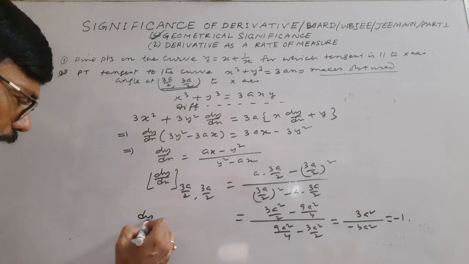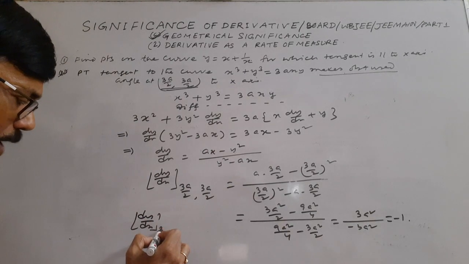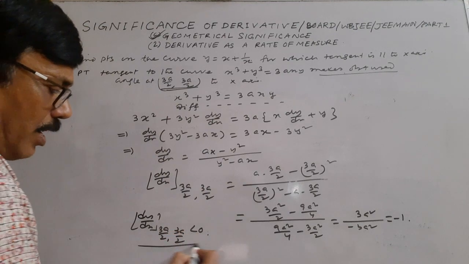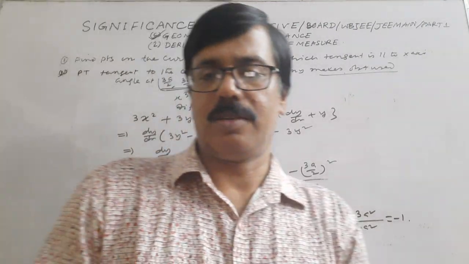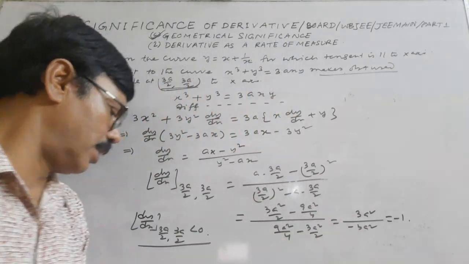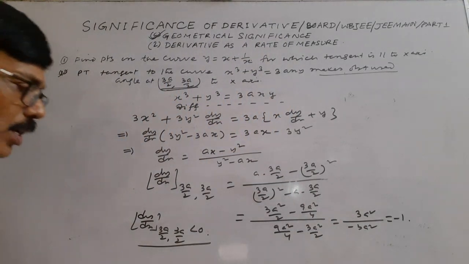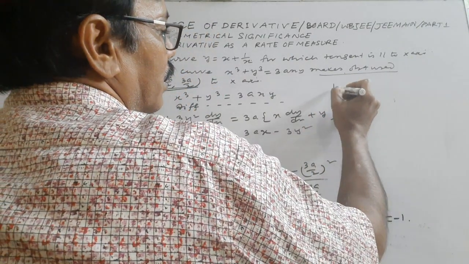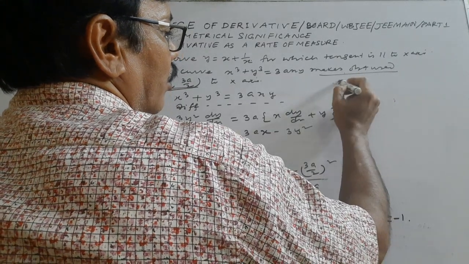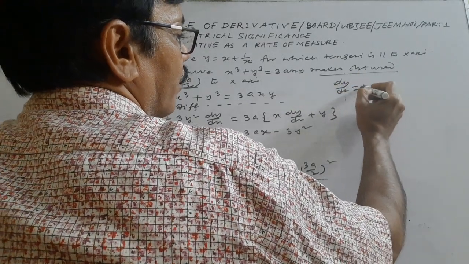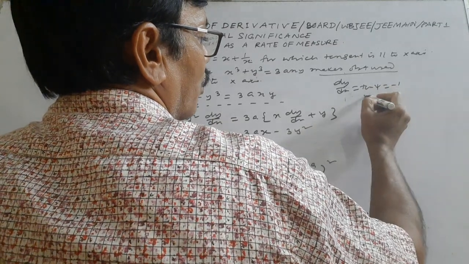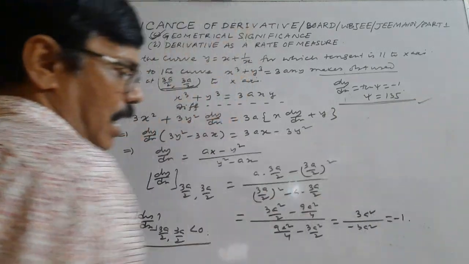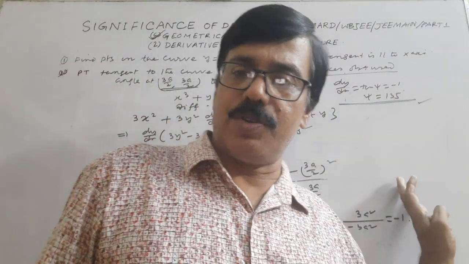Since the derivative is negative, dy by dx at the specified point (3a by 2, 3a by 2) is less than 0. Therefore, the tangent makes an obtuse angle with the x-axis. Now, in this case, you can also find the angle. What is the angle? dy by dx equals tan psi equals minus 1, so psi equals 135 degrees.